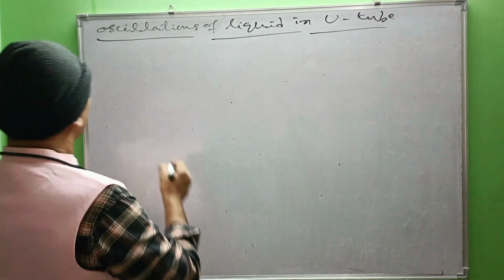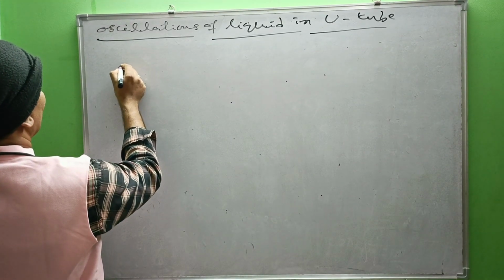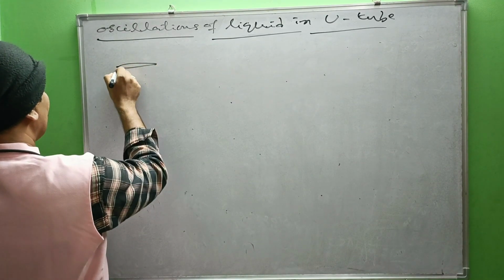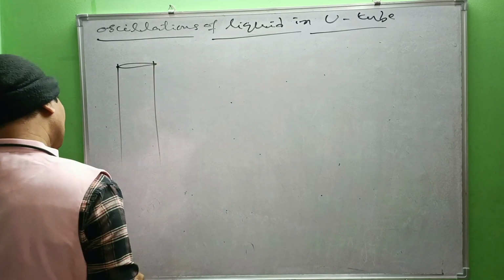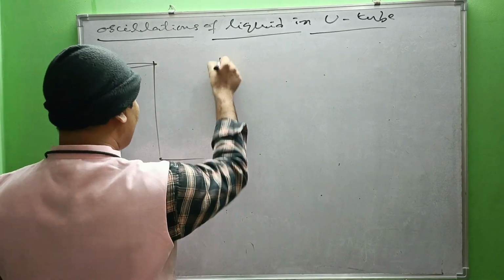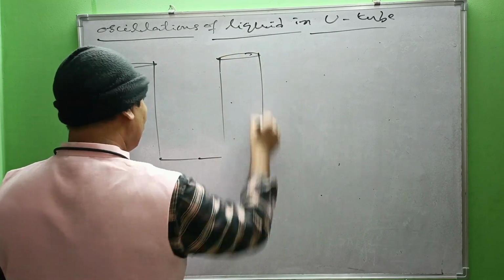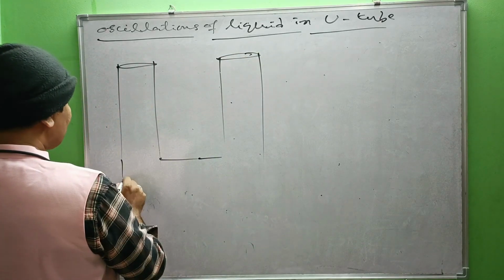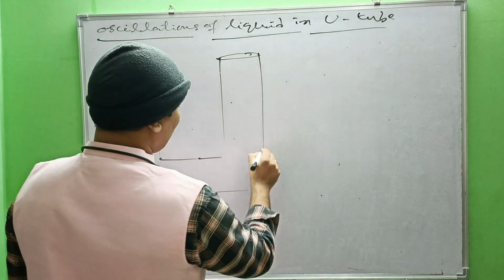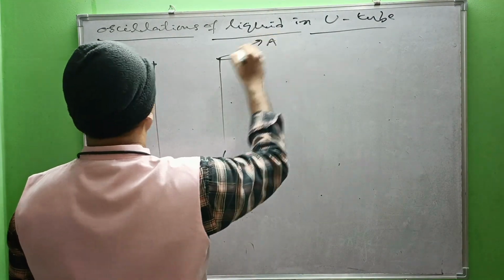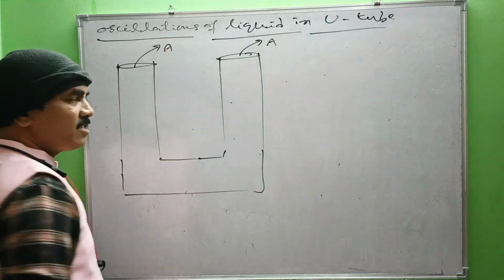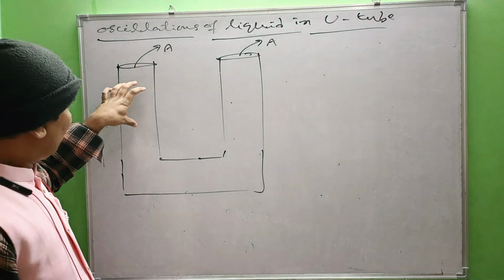See, this is one U-shaped device like this with two vertical limbs, each of cross section area A. So this is A. This is also A. This is the left vertical limb.